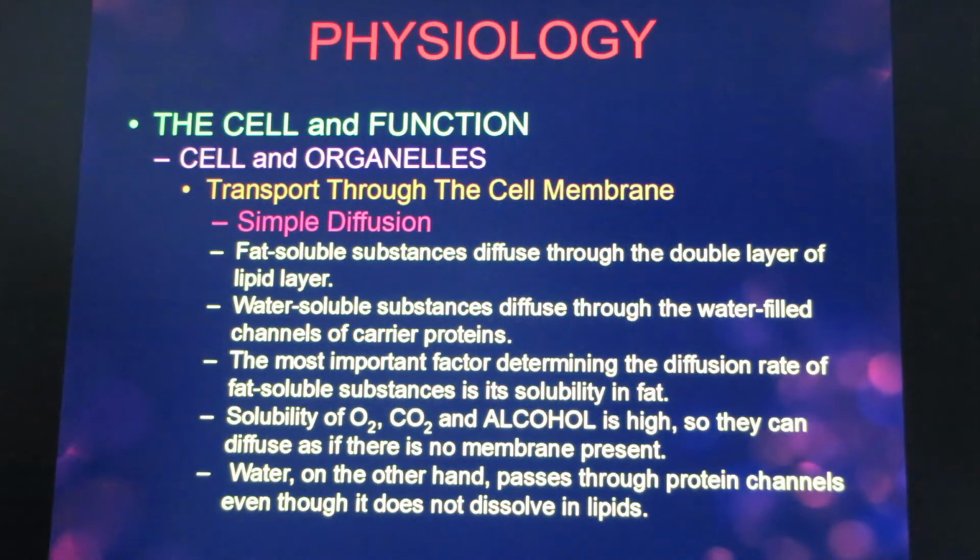The other way of diffusion is simple diffusion. The transportation through the cell membrane is first by diffusion and the second by simple diffusion. Fat-soluble substances diffuse through the double layer of lipids. Water-soluble substances diffuse through the water-filled channels of carrier proteins.